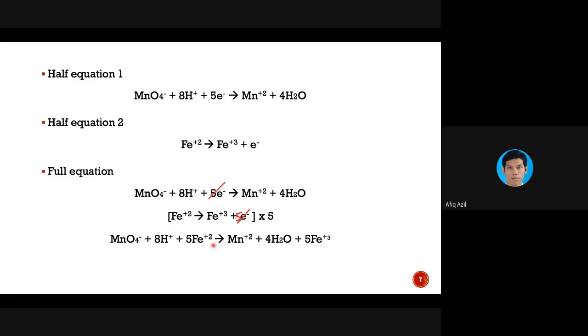The rest will be written: MnO4-, 8H+, and then 5 Fe2+, then arrow, Mn2+, plus 4 H2O, and also 5 Fe3+. So that is how you write the full equation, by combining the two half equations.